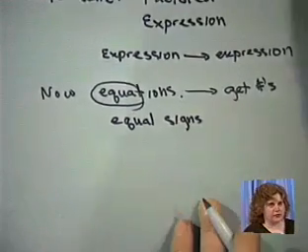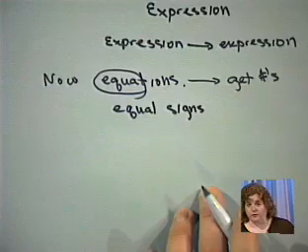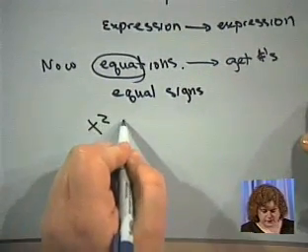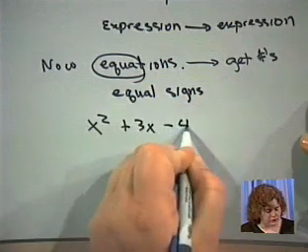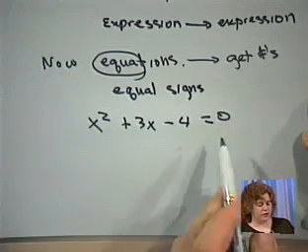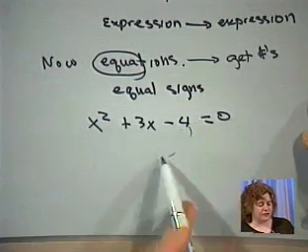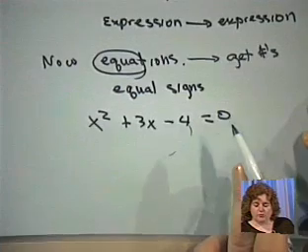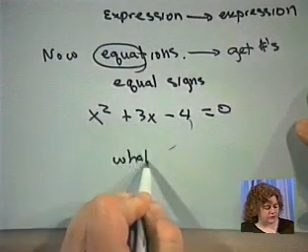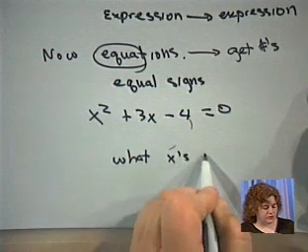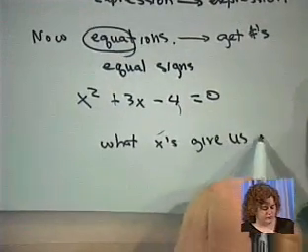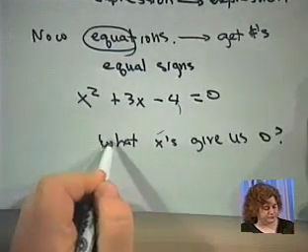So an example of an equation, and it's a type of equation that you will see a lot of, is something like x squared plus 3x minus 4 equals 0. It's different from the expressions we've been working with in that now we've said this thing equals 0. And our problem now is to find out what values of x will give us 0 if we substitute them in.